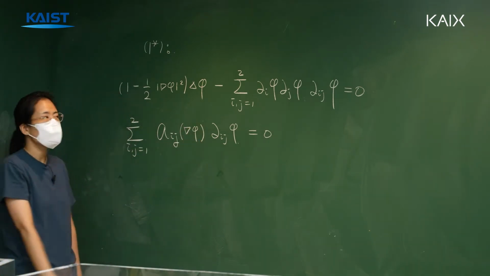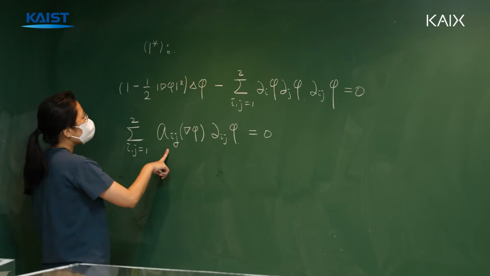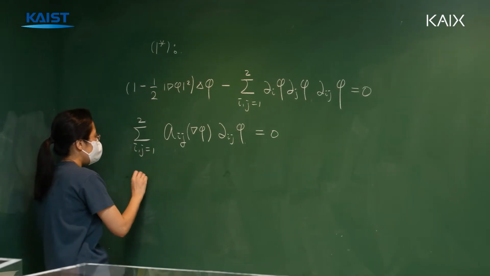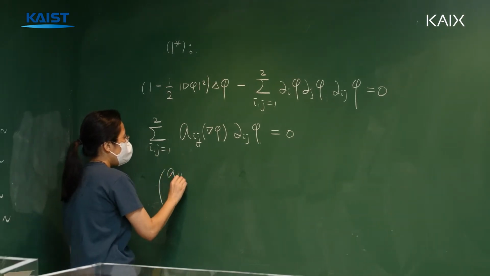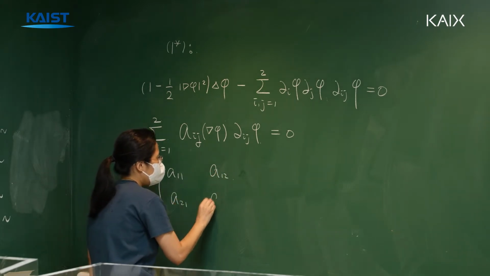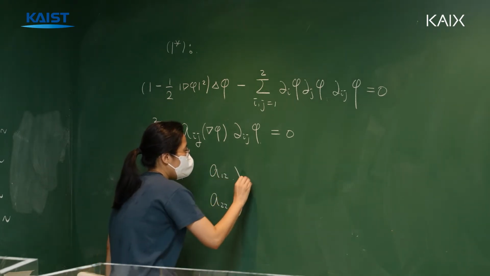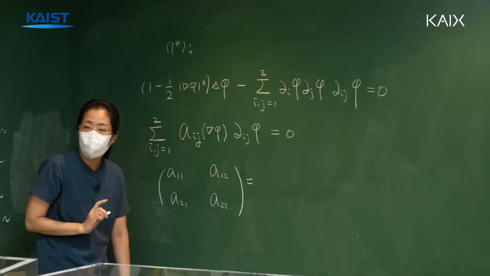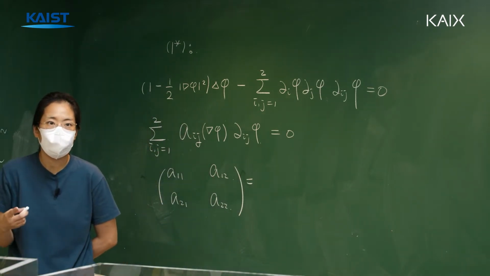Okay, so let me be more precise. If you look at the coefficient matrix, so let me just say A11, A12, A21, A22. So we have to look at the coefficient matrix now, right, to figure out the type.